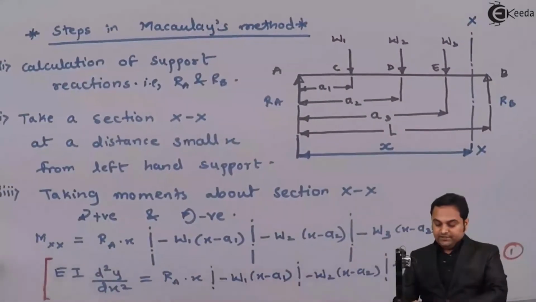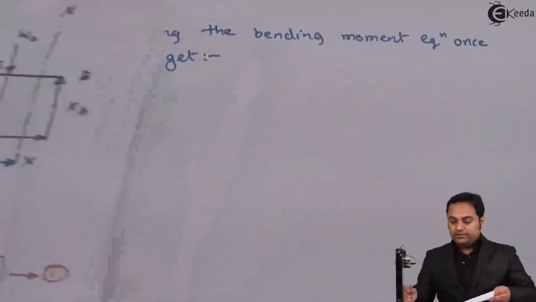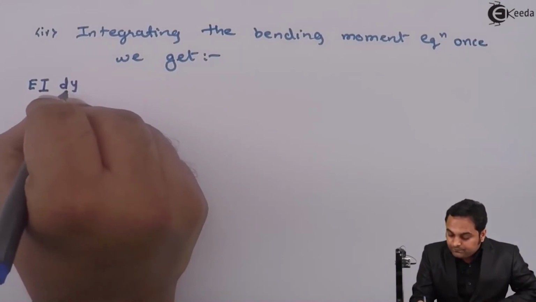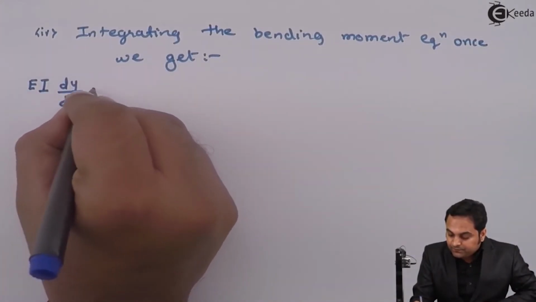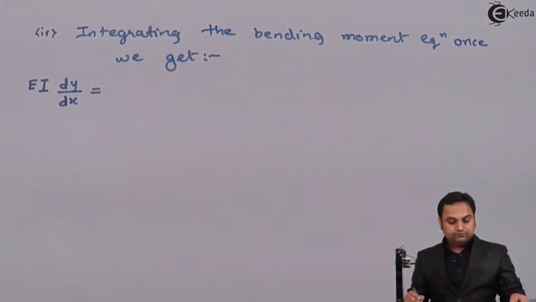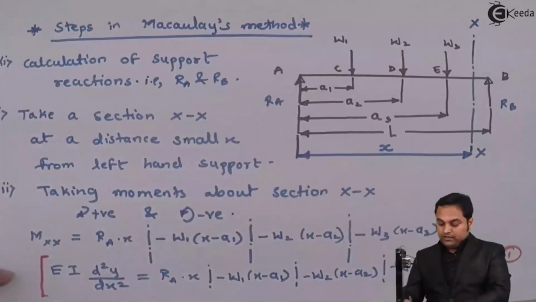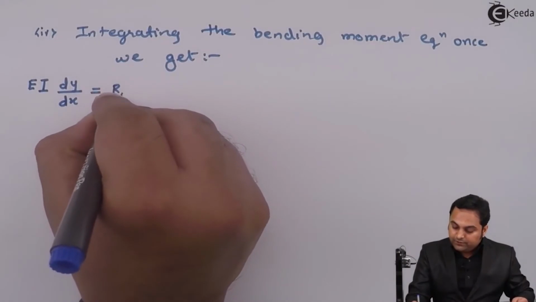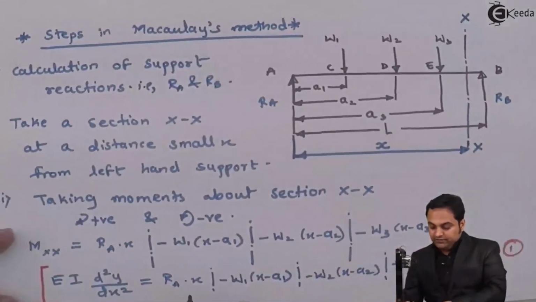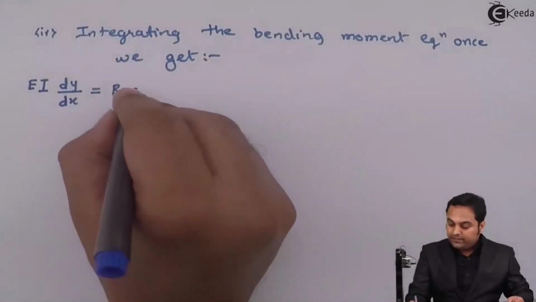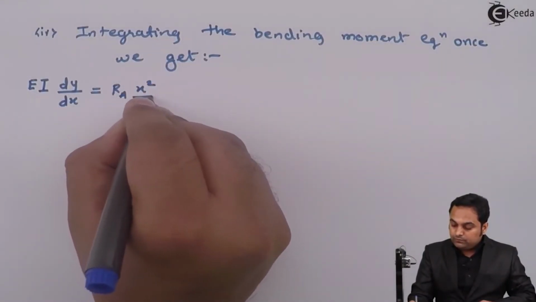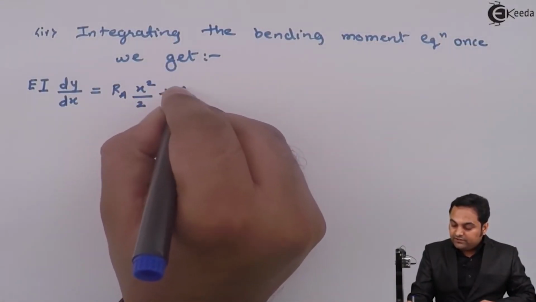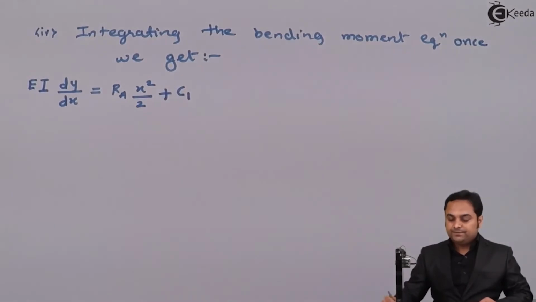Next, integration of d square y by dx square is dy by dx, is equal to, now RA will remain as it is because it is a constant value. Integration of x will be x square by 2, plus C1, that is the constant of integration.